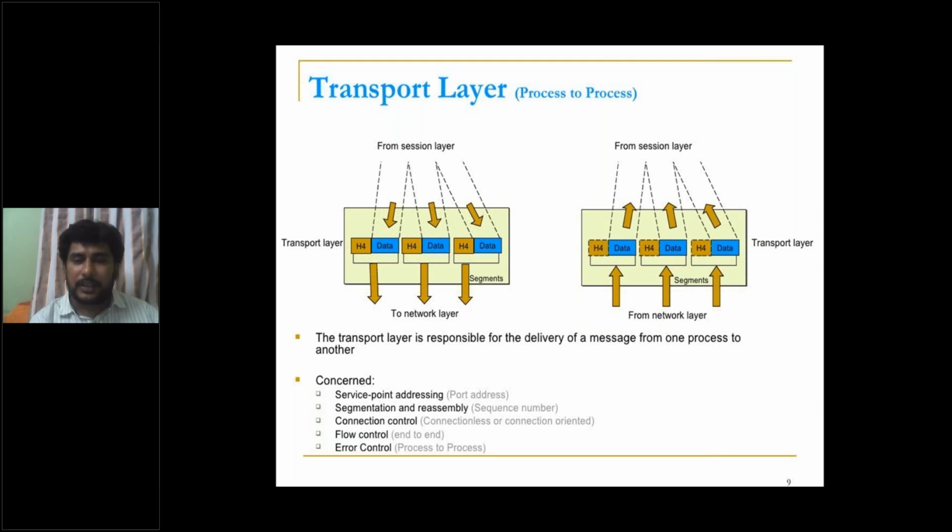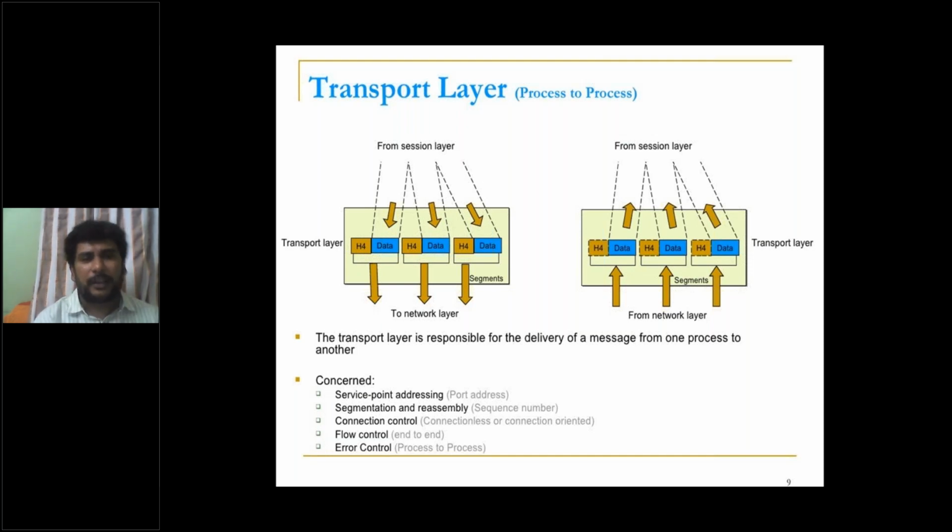And the layer which is responsible for the implementation of process to process delivery is called the transport layer. Here the transport layer receives the data from its upper layer, called the session layer, and divides the data into smaller units called segments. So in the data link layer, data is in the form of frames; in the network layer, data is in the form of packets; and here in the transport layer, the data is in the form of segments.